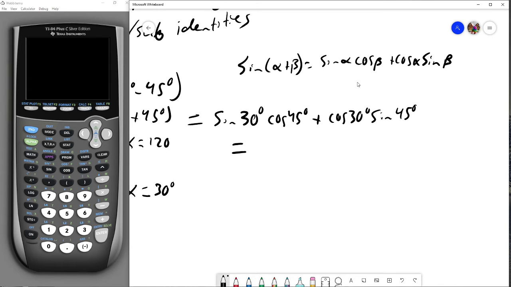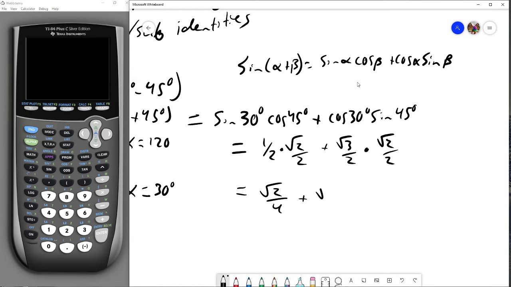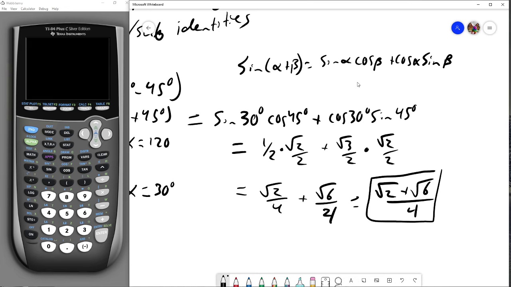Well, sine of 30 degrees is a half. Cosine of 45 is root 2 over 2. Cosine of 30 is root 3 over 2. And sine of 45 is root 2 over 2. So this gives you root 2 over 4 plus root 6 over 4. So root 2 plus root 6 over 4. There we go. That is our exact value for sine of 75.